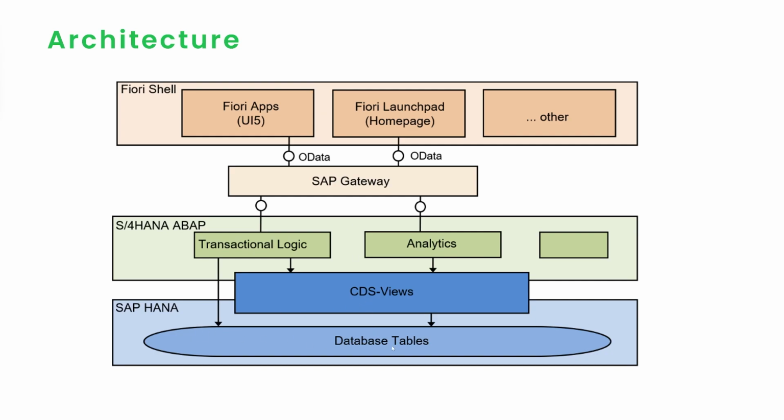So to quickly recap, we have to create a CDS view here, and we will skip this layer because there is no transaction logic or analytical purpose. Then we go to the gateway service, and from the gateway service we'll get the OData, and finally that OData will connect with our Fiori apps.